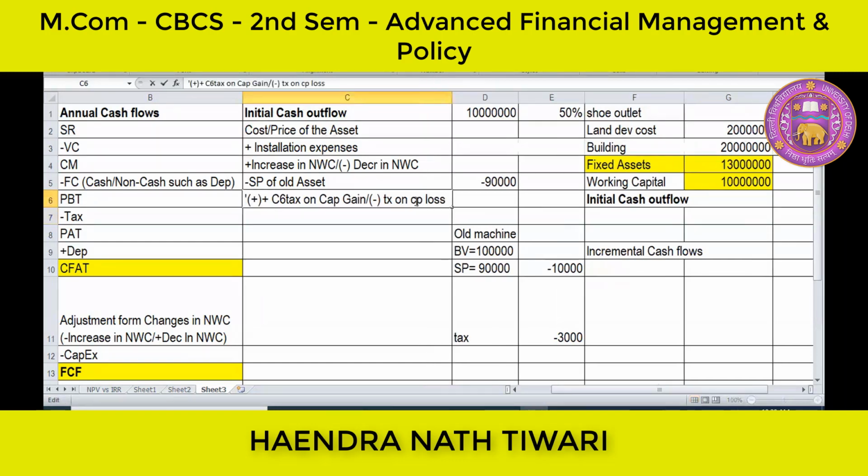I hope you got the complete logic. This loss will decrease the overall profit of the firm. Had this not been there, I would have paid tax on rupees 10,000 more. How much would I have paid? 3,000. So because the loss is happening, my overall profit is going down, and therefore I'm saving 3,000 rupees of tax. So not only 90,000 cash is coming in, also indirectly it is saving a tax of rupees 3,000.